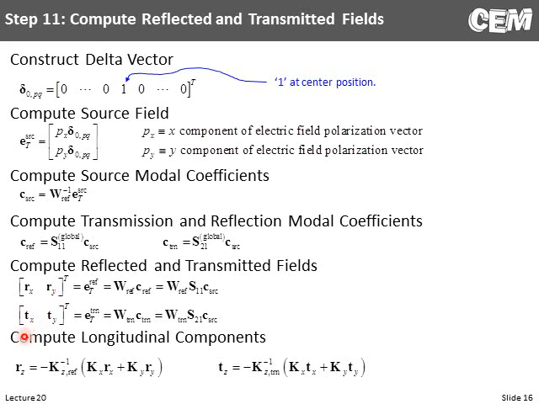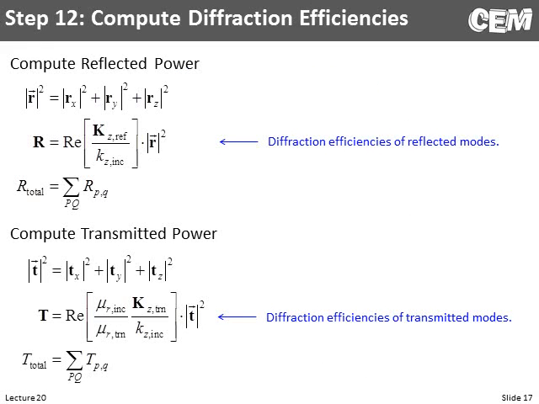Well, we only have the tangential components right now. We can calculate the longitudinal components using these two equations, which, if you remember, are derived from the divergence equation. So now we have all three field components on both reflected and transmitted sides. We're all ready to calculate diffraction efficiencies. So that's the next step.